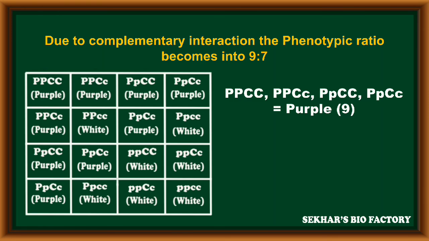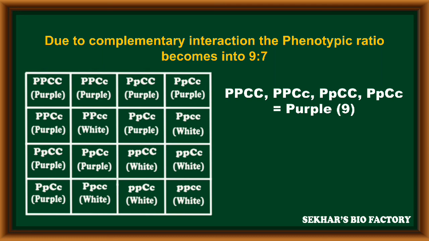In F2 generation, totally 16 individuals are produced. In these 16 individuals, 9 individuals have purple color flowers and their genotypes are capital P, capital P, capital C, capital C; capital P, capital P, capital C, small c; capital P, small p, capital C, capital C; capital P, small p, capital C, small c.